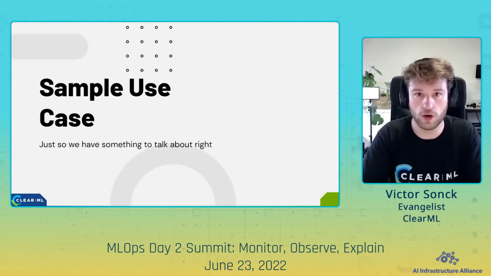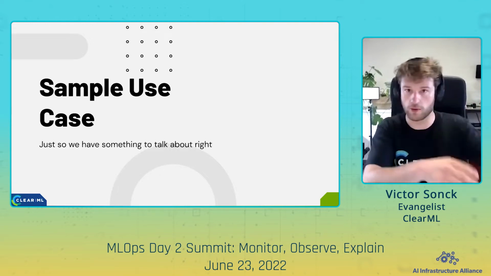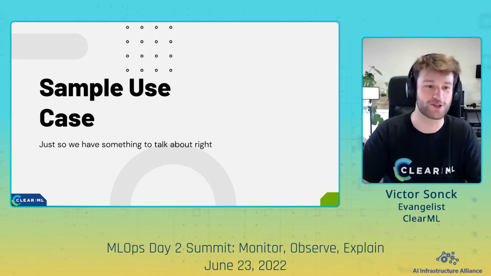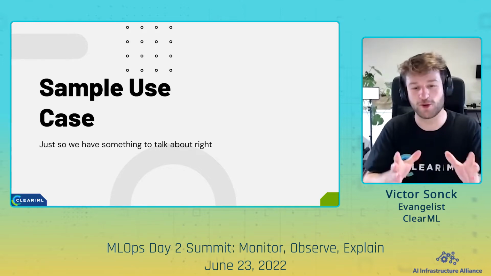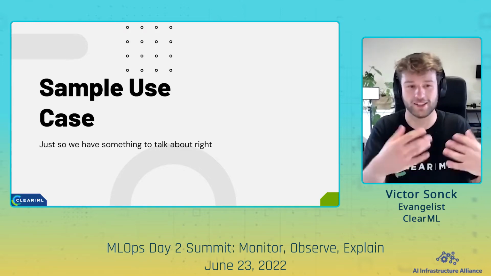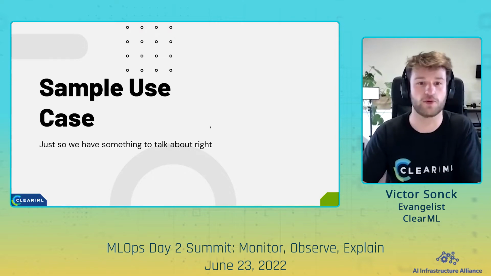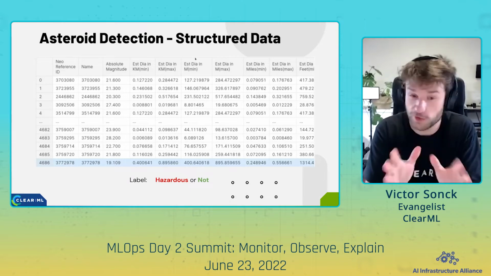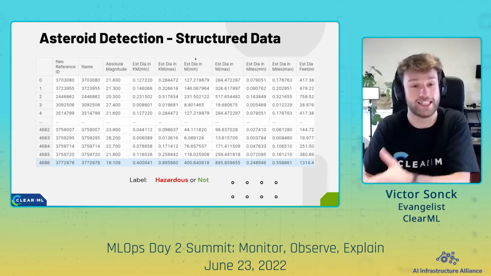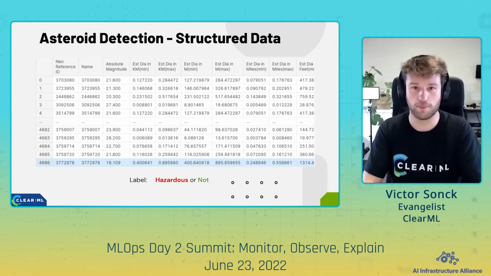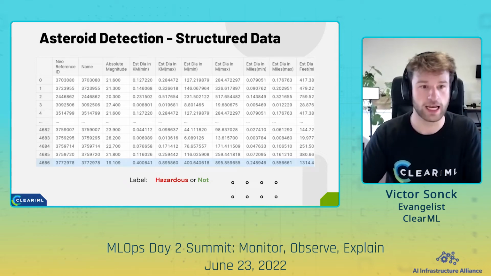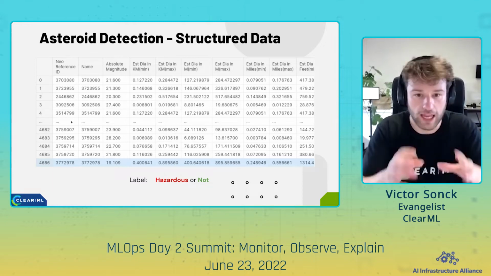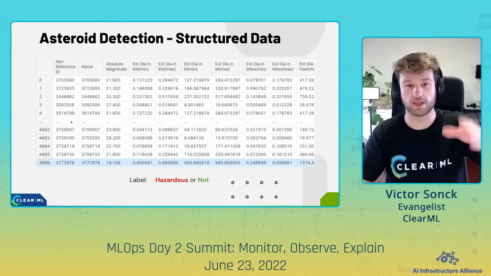We're going to go into a sample use case here, so I'm not going to go into slides much longer. I'll give you the tried and true demo. Just so that we have something to talk about, though, I'll introduce you to the use case very quickly. What we're going to do today is asteroid detection, which is really, really cool, but it's structured data. This is an example of what you'll be seeing throughout the demo. It's essentially just a large data frame, let's call it, of specific features.